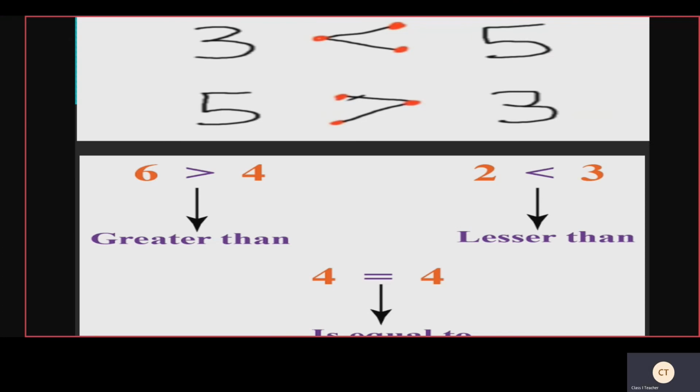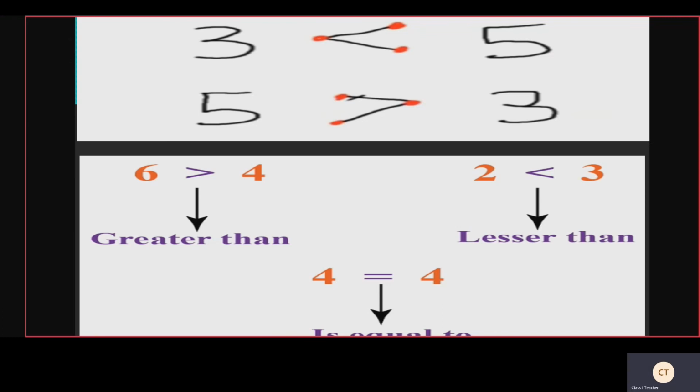Now 2 dots are more than 1 dot. Yes or no, children? Yes. So 5 is greater than 3.